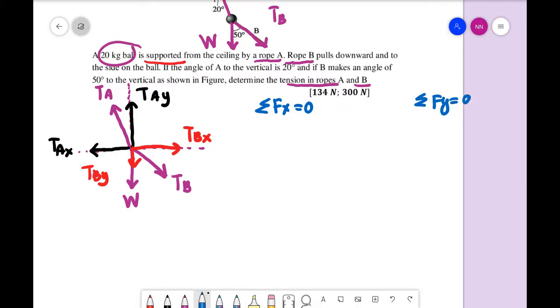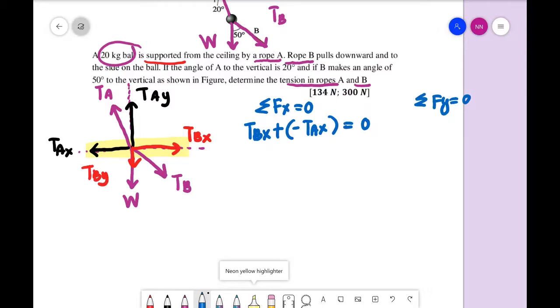For net force X, for the X component, we have TBX to the right and TAX to the left. So it will be TBX plus negative TAX equals 0.